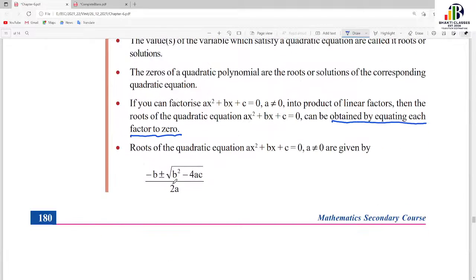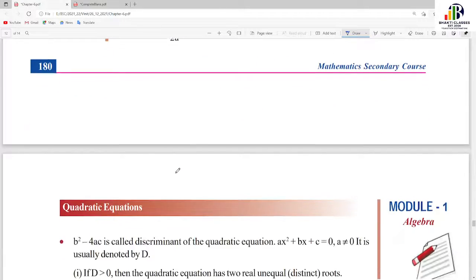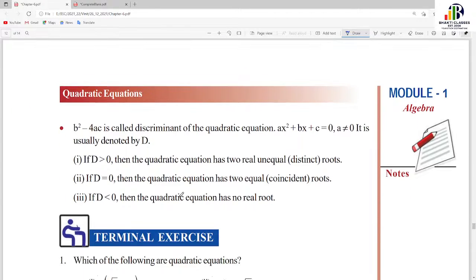Then we have learned roots of the quadratic equation ax square plus bx plus c is equal to 0 are given by minus b plus or minus square root of b square minus 4ac upon 2a. Here b square minus 4ac is called discriminant of the quadratic equation ax square plus bx plus c is equal to 0, a does not equal to 0.